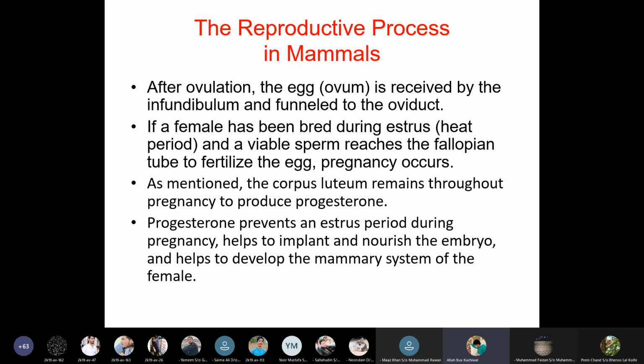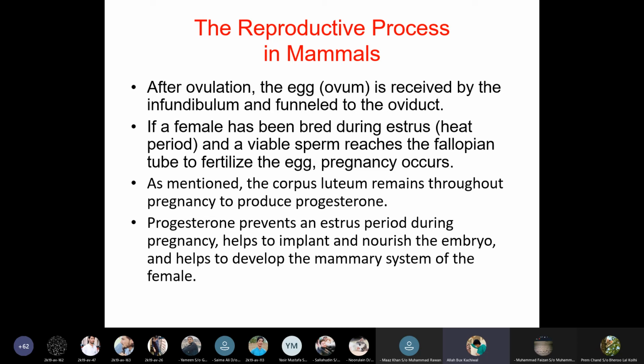So the progesterone, as mentioned, the corpus luteum has to remain throughout the pregnancy to produce progesterone. The corpus luteum persists for the whole pregnancy, and it maintains the progesterone level in the body to maintain the pregnancy in the females. Later on the progesterone will also be produced by the uterus, as well as the corpus luteum, keeping the progesterone concentration high in the females for maintenance of the pregnancy and closure of the cervix.